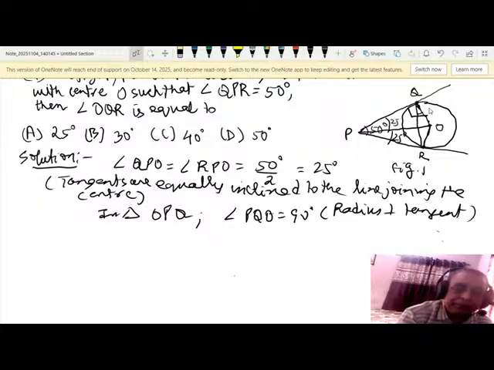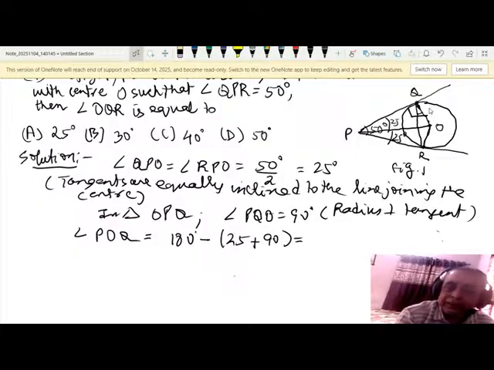Angle POQ is equal to 180 degrees minus (25 plus 90) degrees. Solving it, 180 minus 115 gives 65 degrees. So angle POQ is 65 degrees.